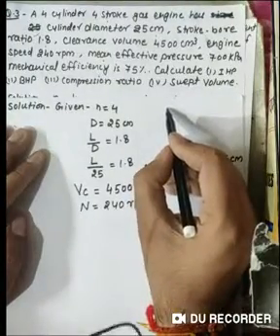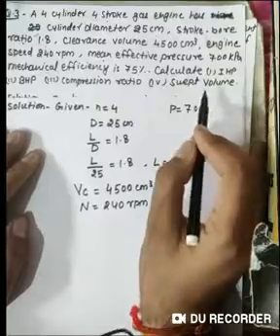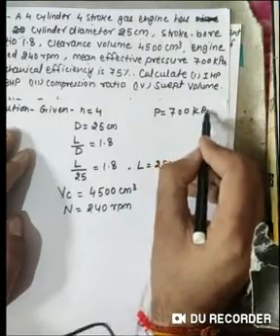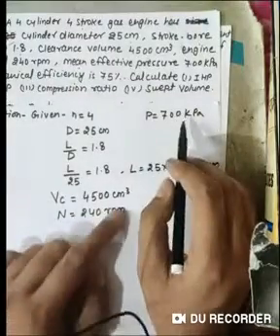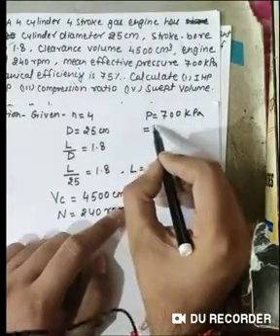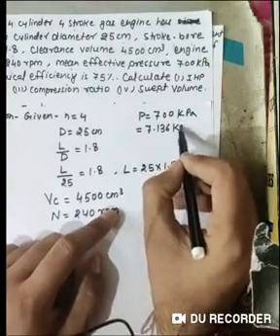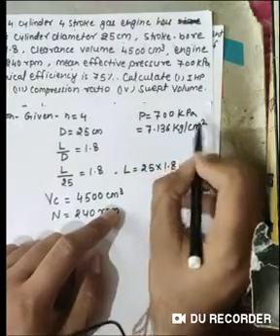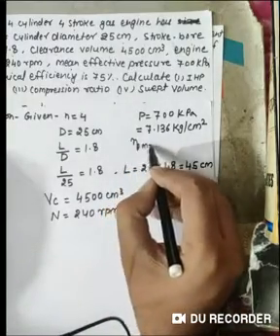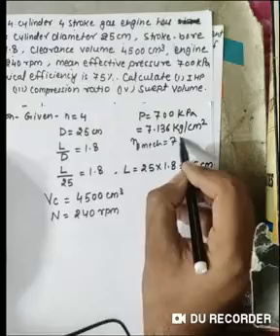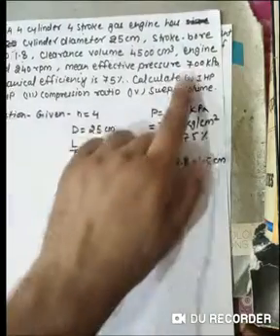So your value of P is equal to 700 kilopascal. Like in previous question, we convert this kilopascal in kg per centimeter square. So your answer becomes 7.136 kg per centimeter square. Mechanical efficiency eta mechanical is equal to 75%. So we have to calculate the IHP.